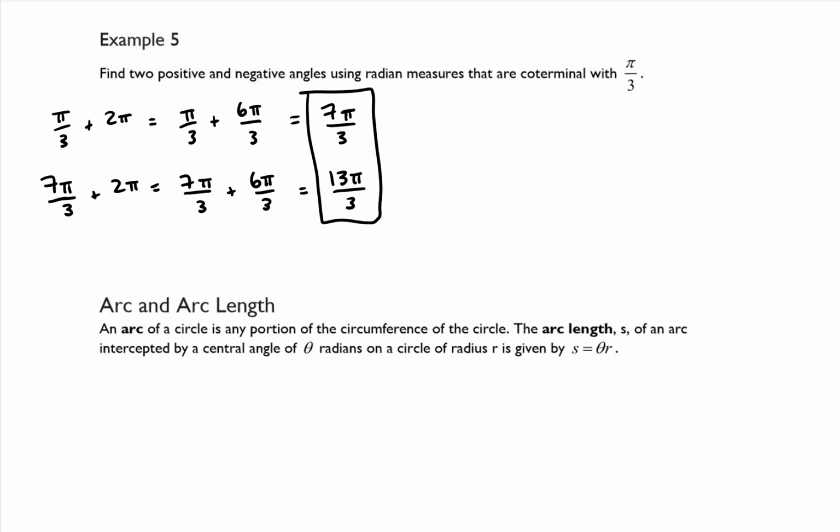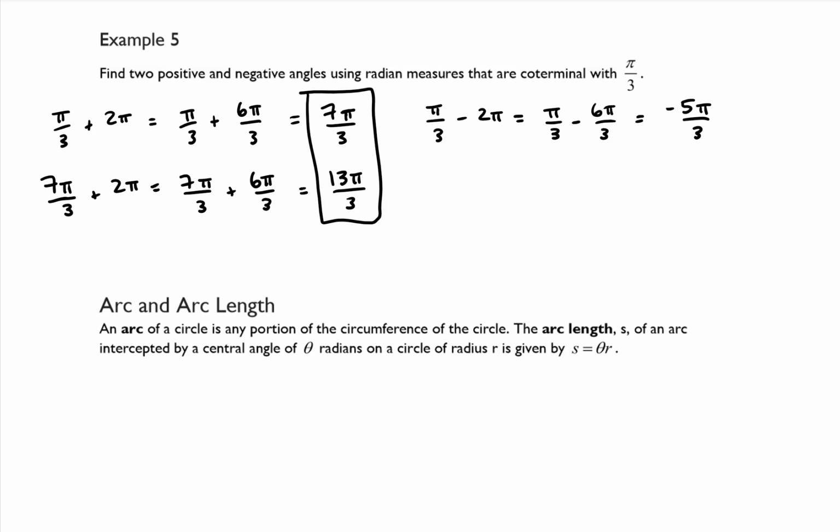So here are the two positive coterminal angles. All right, so now we're going to go in the other direction, and we're going to subtract 2 pi from pi over 3. So that would be pi over 3 minus 6 pi over 3, and that is going to be negative 5 pi over 3.